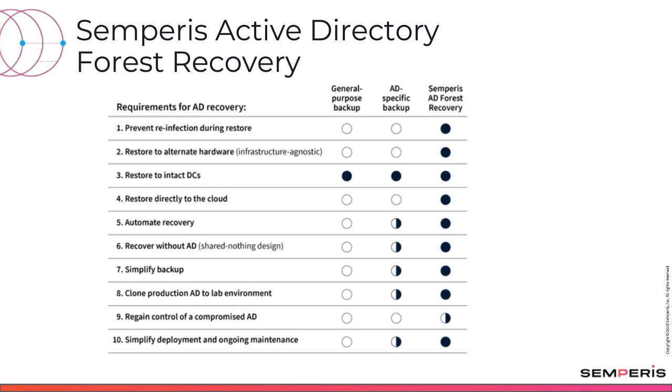I'd like to use the phrase a smoldering crater. If your Active Directory is a complete smoldering crater with no single DC left, we can still operate. Even if we get attacked and encrypted, we can still recover and operate our system. And that's super key for such a high-profile piece of infrastructure as Active Directory.